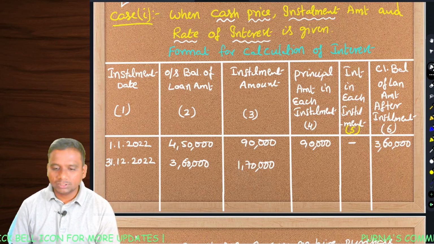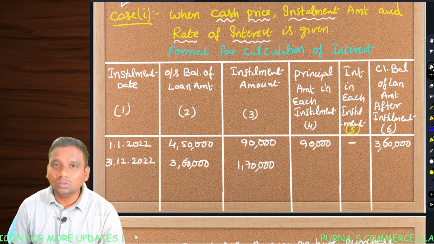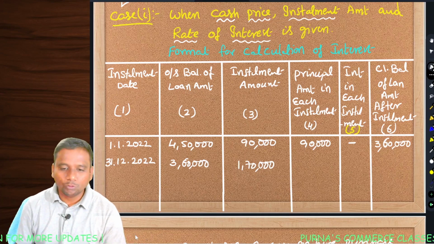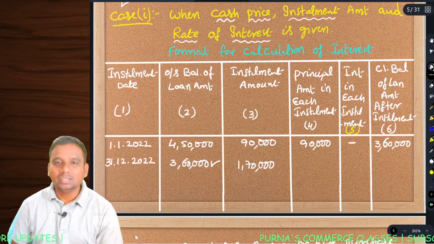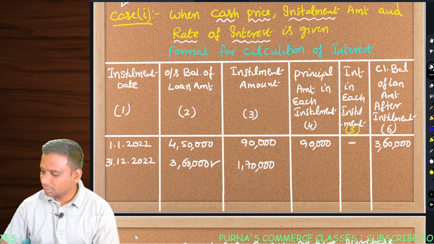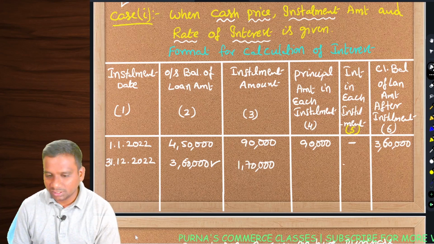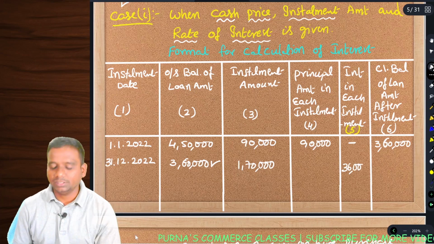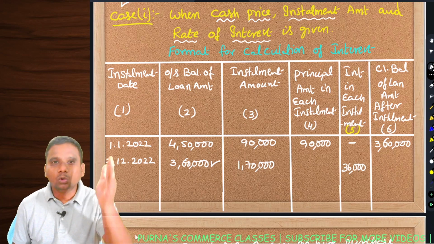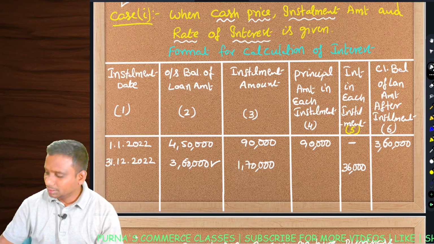First we calculate interest. Interest is always calculated on what amount? The outstanding amount. Before making payment of this installment, the amount outstanding is 3,60,000. So 3,60,000 into the rate of interest, 10% per annum. So what is the interest portion? 36,000. Out of the installment, 36,000 is towards interest.